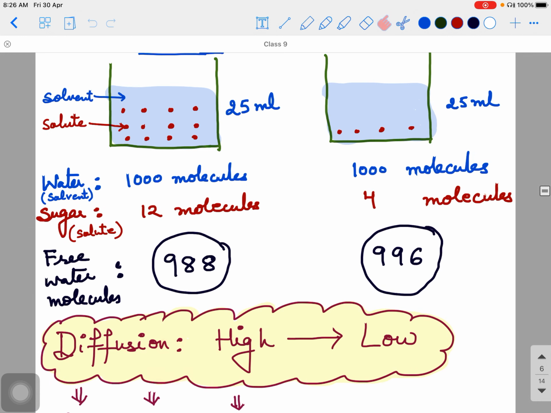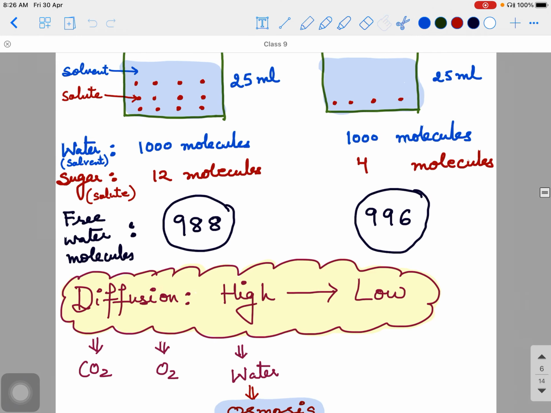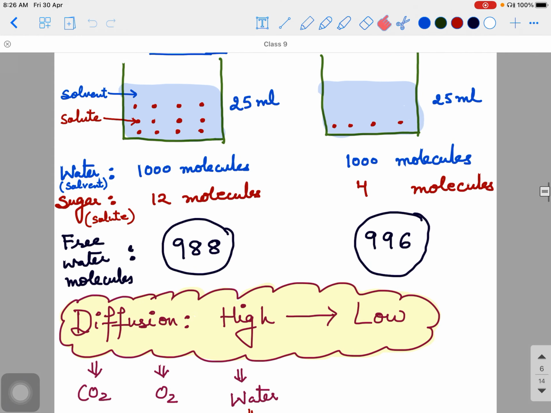Because diffusion always takes place from higher concentration to lower concentration. Every molecule, every substance, will move from its higher concentration to its lower concentration. This we have to keep in mind, right? And this is diffusion. In the case of carbon dioxide and oxygen, we call it diffusion only.